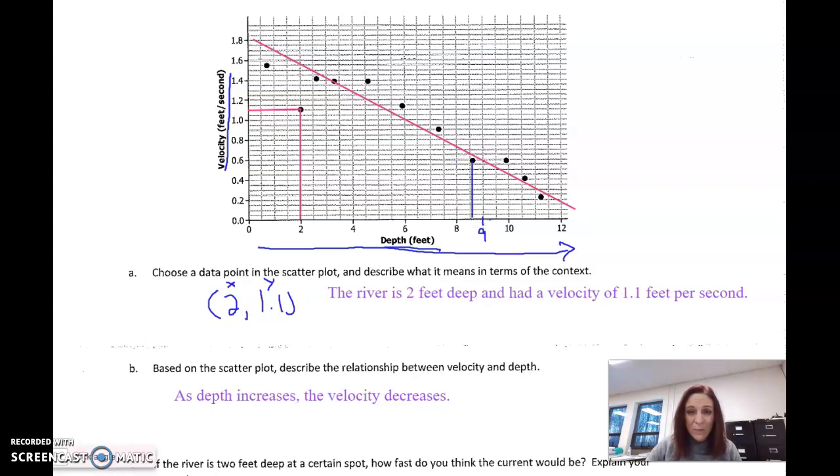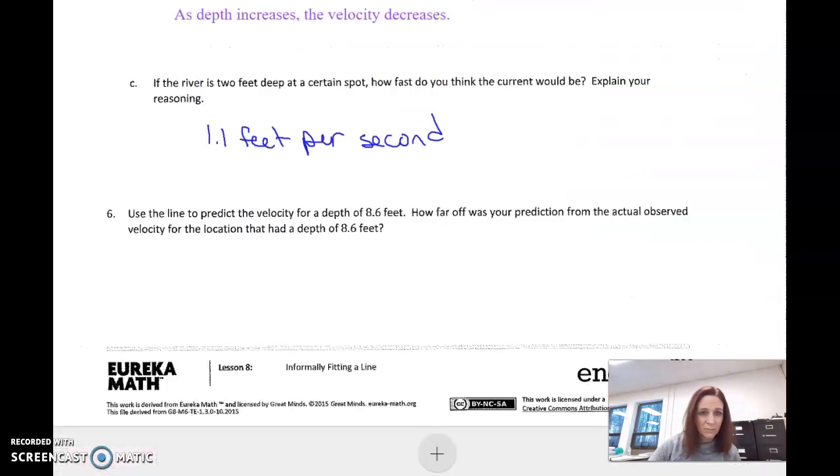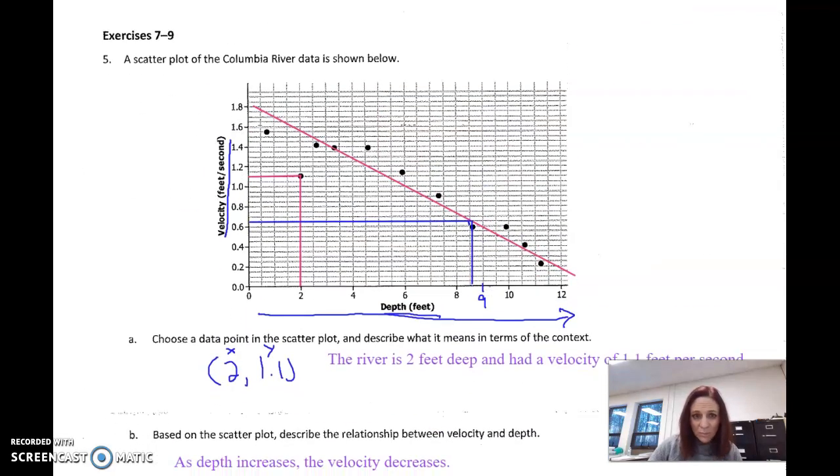If I use the line to predict it, it's going to be like at 0.65, 0.64, something like that. Oh, I see. The lines are going up by 0.05, so 0.65, 0.67. So approximately 0.65.